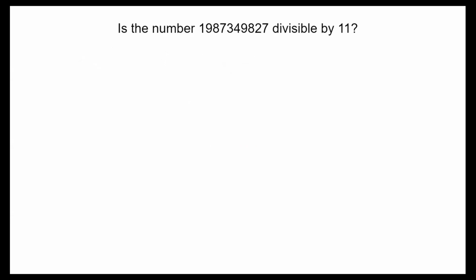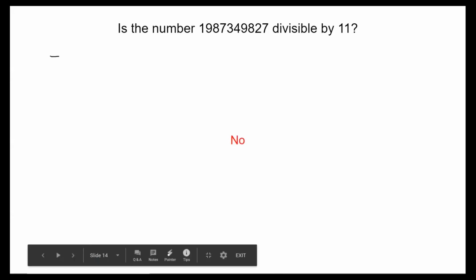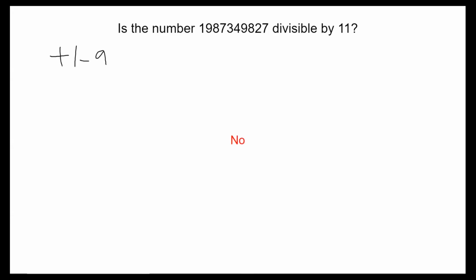Okay, next problem. Is the number 1987349827 divisible by 11? Well, we can just use the rule: plus 1 minus 9 plus 8 minus 7 plus 3 minus 4 plus 9 minus 8 plus 2 minus 7.